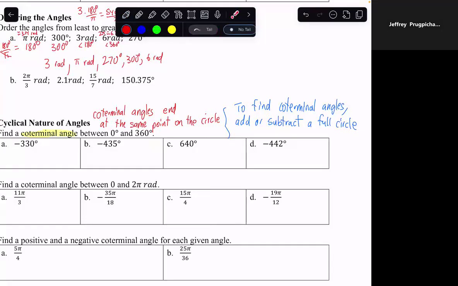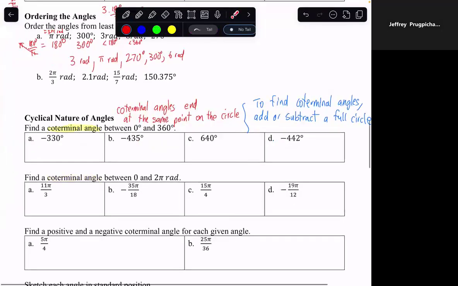That means there's literally infinite coterminal angles. You can add as many extra circles as you want, right? If for some reason you did 5 extra loops and then you went another 30 degrees, you're coterminal with 30 degrees.